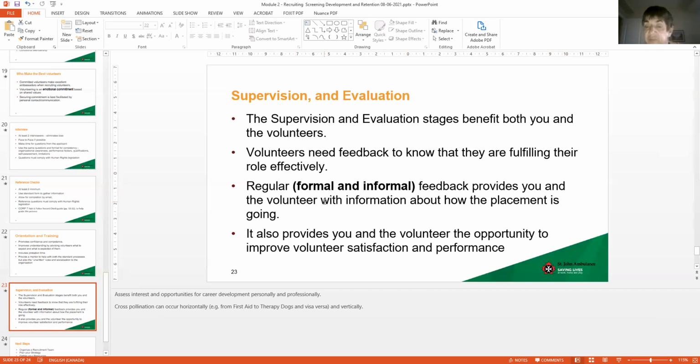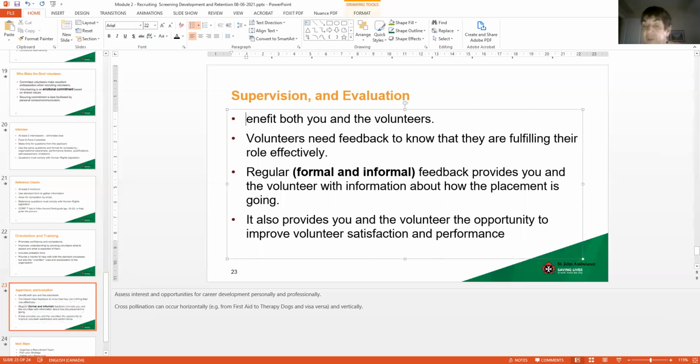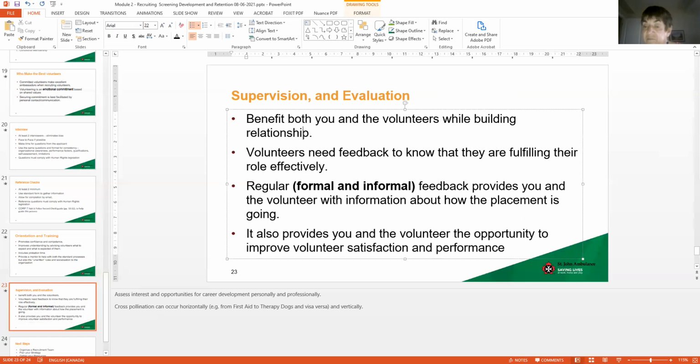It benefits both you and the volunteers and helps build relationship. Don't you think so?